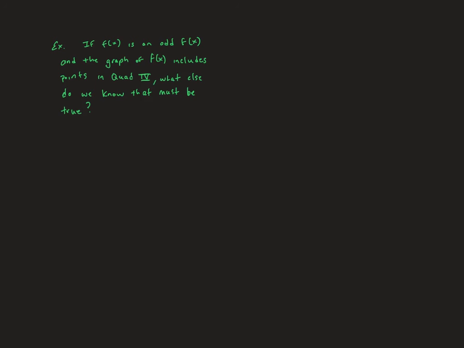All right, our example here says if f of x is an odd function and the graph of the function includes points in quadrant 4, what else do we know that must be true? Well, okay, let's just look here. If I have this graph, and they haven't really told me anything other than that I have points that exist in quadrant 4.